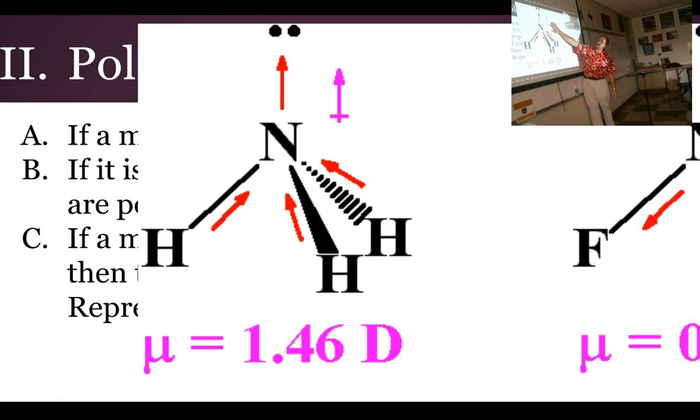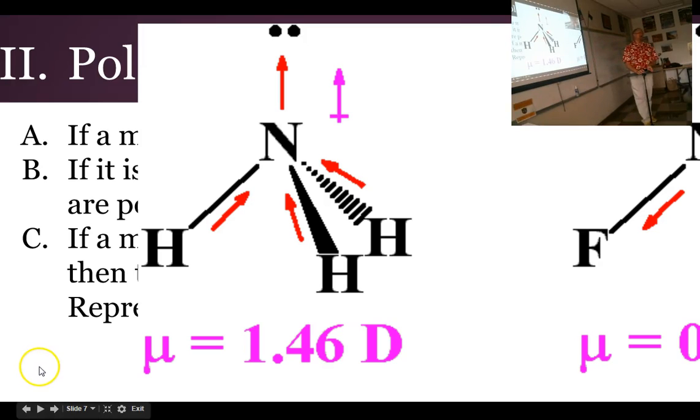And we would draw the little symbol here saying that the top part of the molecule is more electronegative and the bottom part of the molecule is more electropositive. And in this particular example, they've given you a numerical value for the charge separation on that molecule. And so mu equals 1.46. Okay? Mu, yes.